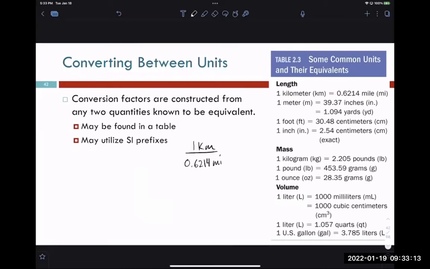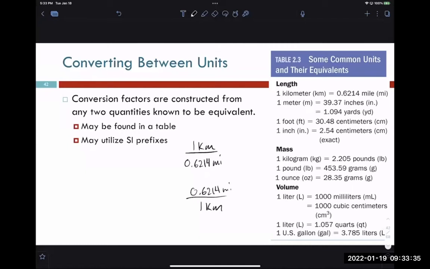Or you can flip it on its head and you can have 0.6214 miles is 1 kilometer, because it's the same length on the top and the bottom. So if we divide one length by the exact same length, we end up with 1. So it doesn't matter which units are on top or on bottom.